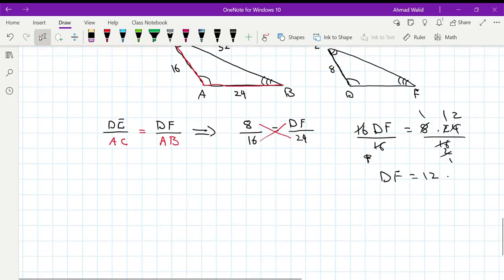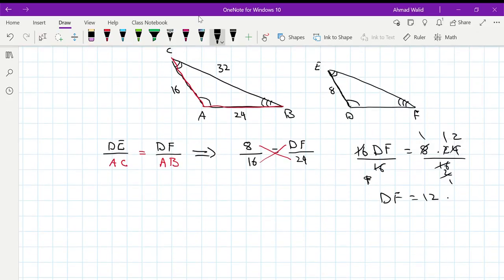Now, I know this side is 12. Correct? I'll use the same condition again to find EF. Then I can use again DE over AC. It must be equal. This time I'm trying to use EF. EF over what? CB.